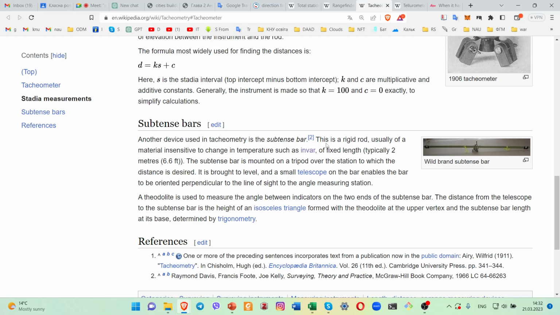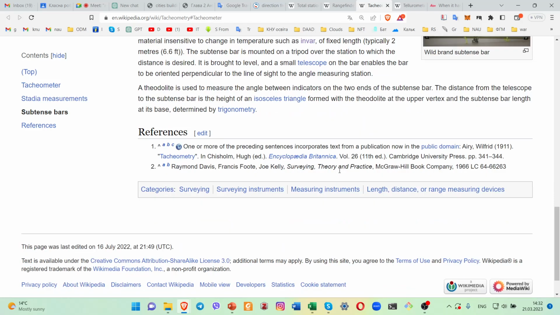Substance bar. It's a rigid rod, usually of a material insensitive to change in temperature, such as invar, of fixed length, typically 2 meters. This bar is mounted on a tripod over the station to which the distance is desired.